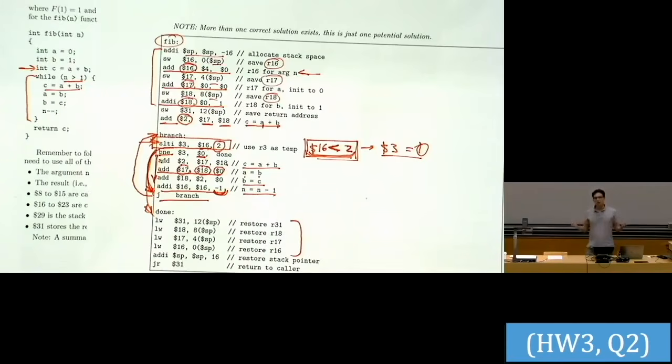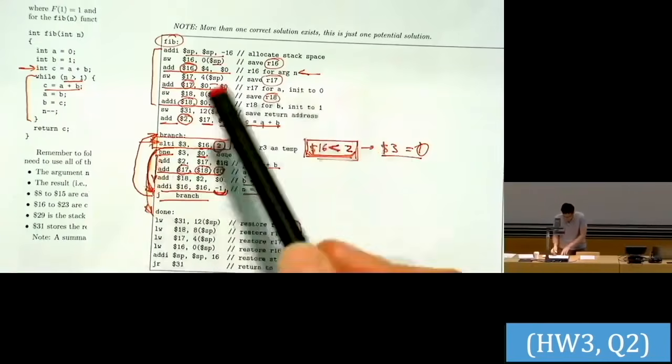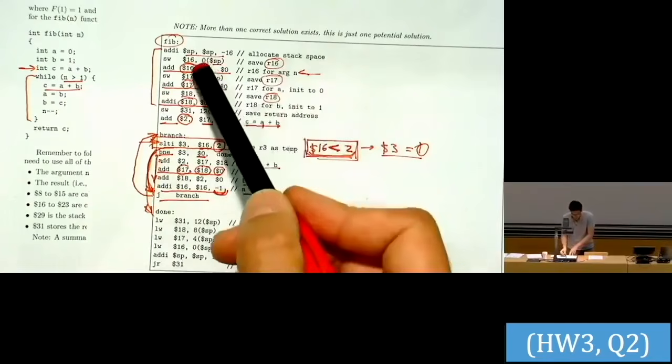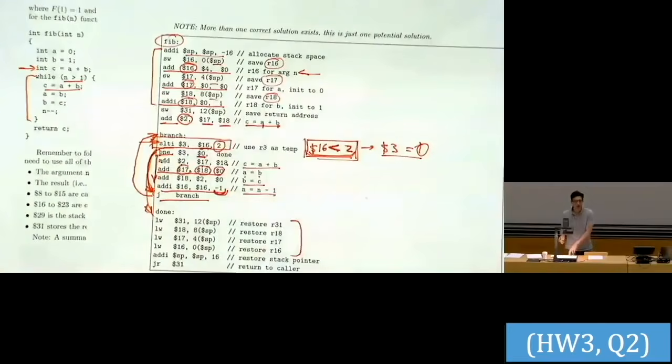In some particular situations, you might be able to do that, but the thing is that you are going to write this function just once. You know that in this function there are 3 registers that are used, 16, 17, and 18, and you're going to operate using them.